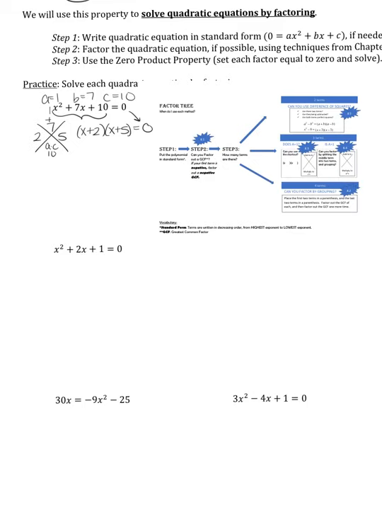Remembering our zero product rule, either x plus 2 equals 0 or x plus 5 equals 0 if they multiply to give me 0. Then x would either equal negative 2 or x would equal negative 5. And those would be my 2 solutions.